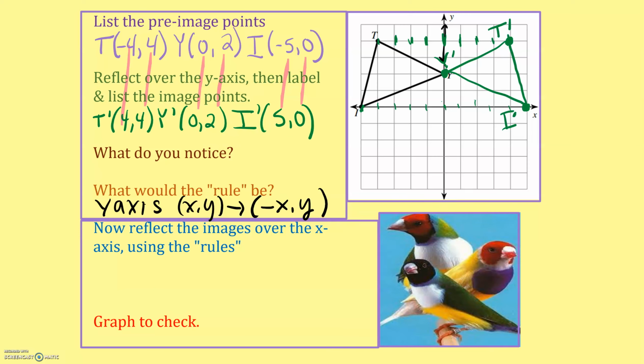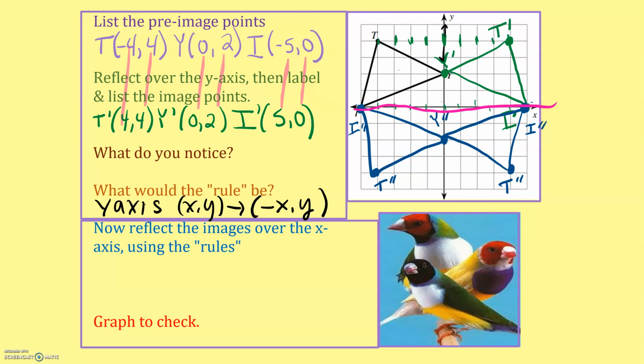Now pause the video and reflect both triangles over the x-axis. When you are done, unpause the video and check your answer. All right, what I did was all of the counting, or I used the rules. If I'm reflecting over my x-axis, that means I'm folding it in half. So I count again.